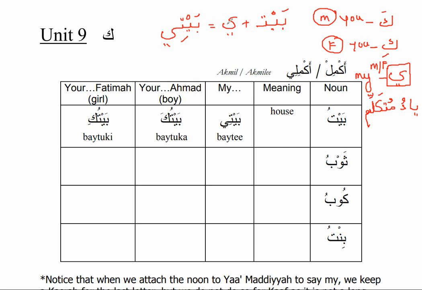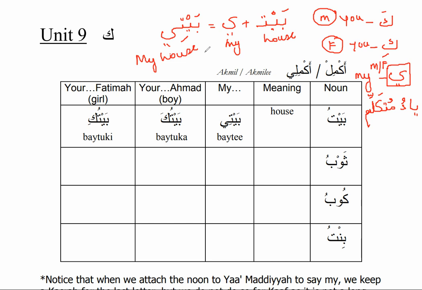Now when you attach the ya damir to bait, which means house, it means my house. This is how you say my house.